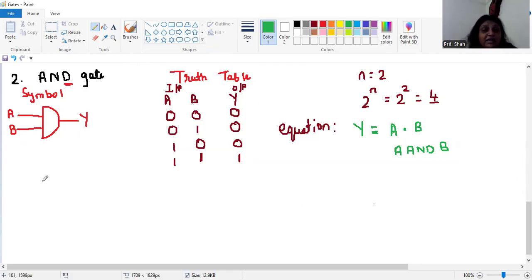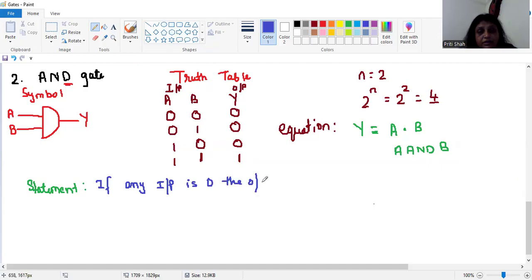Now, can we write a statement about it? Yes. Let's write a statement about it. What can we write about this gate? As you can see, if any input is 0, the output is 0. So we can write: if any input is 0, the output is 0.